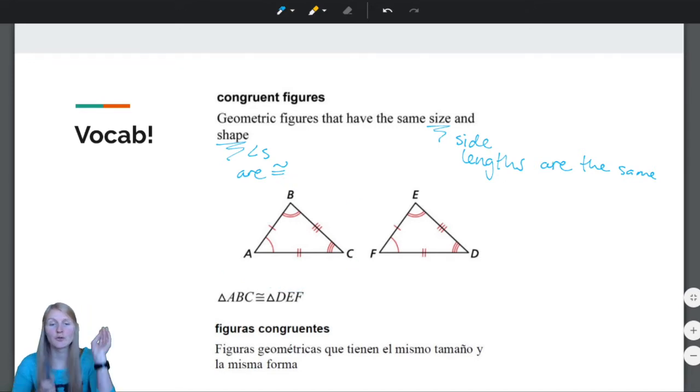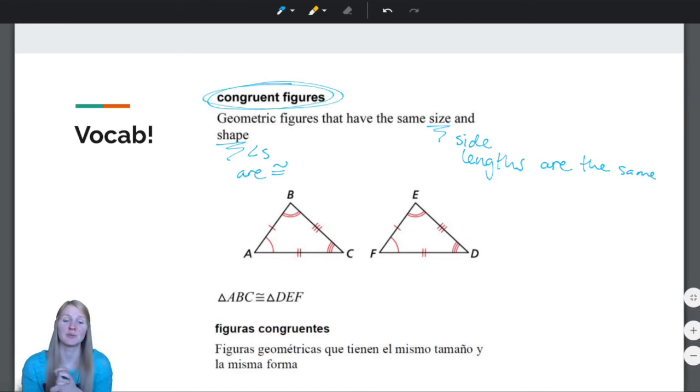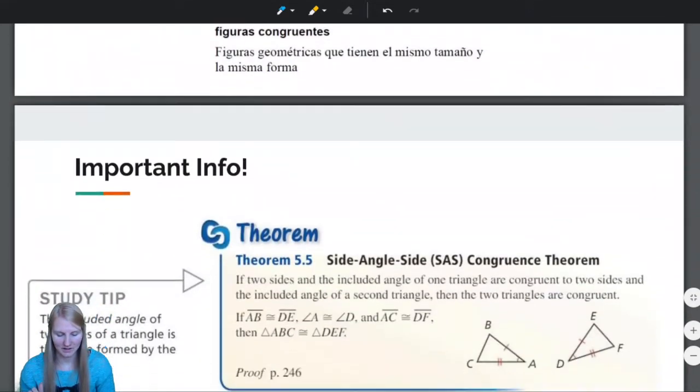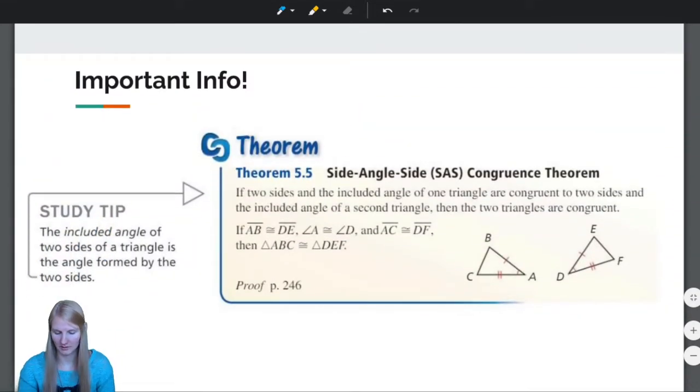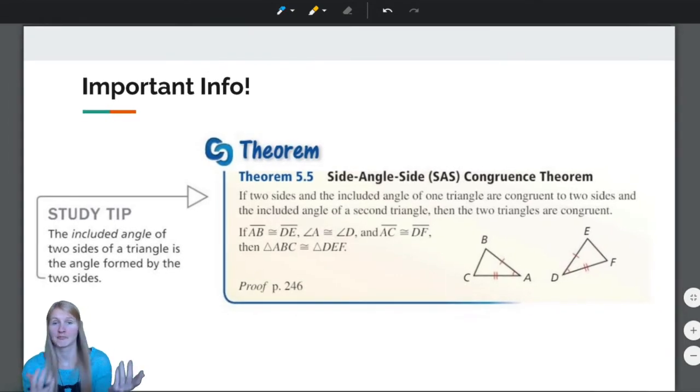So sides are congruent, angles are congruent. That's what it means for two figures to be congruent. Okay, now, let's get into what this whole lesson is about. The learning target and the success criteria were both about the SAS Congruence Theorem.